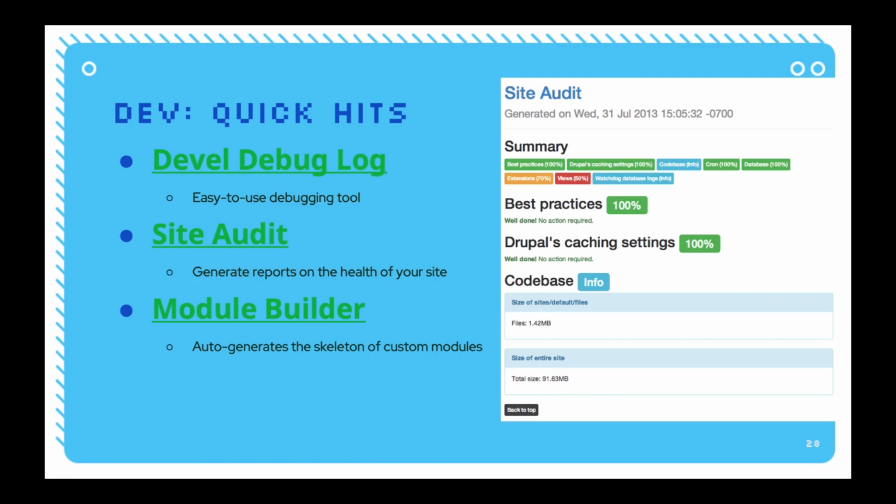The site report, Site Audit, you can see an example of the report on the right there. It's going to give you visibility on a variety of different areas. So overall best practices, how your caching is set up, what is the size of your code base and things like how many modules you have installed, cron jobs that are running, the size of your database.